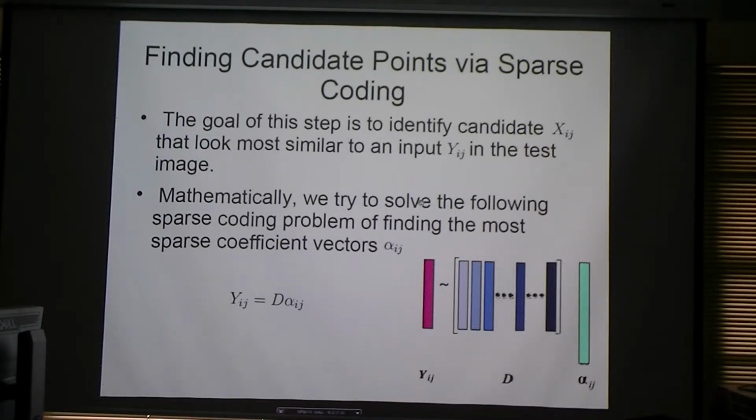The goal of this step is to find the candidates of the Xij that are similar to the input Xij in the test image, and we solve this sparse coding problem using, for example, subspace pursuit or OMP, to find the alpha ij. We have D as the dictionary here, and this is one of our feature vectors, and we try to find the sparse coefficient vector alpha ij.